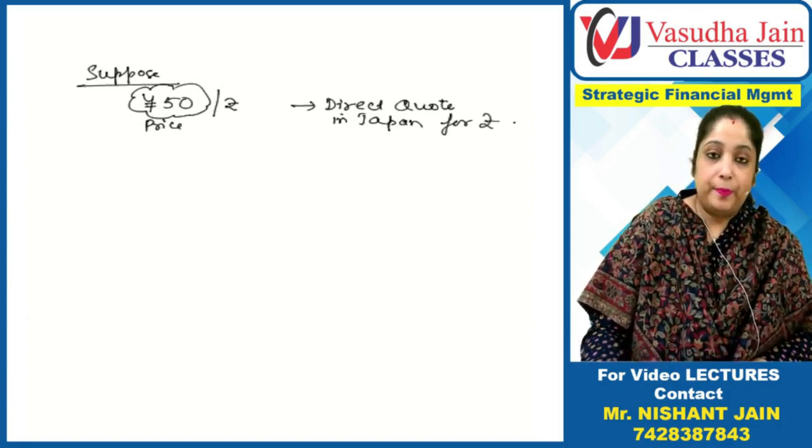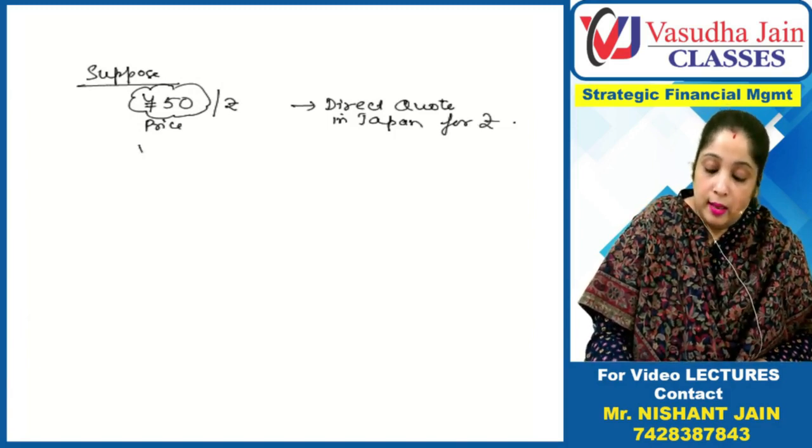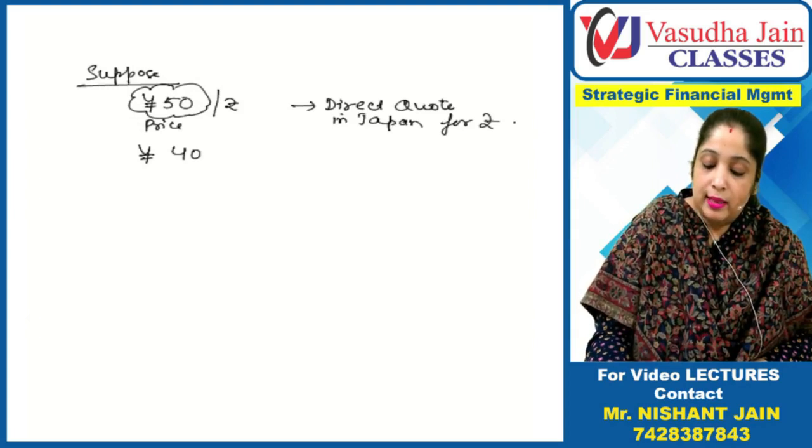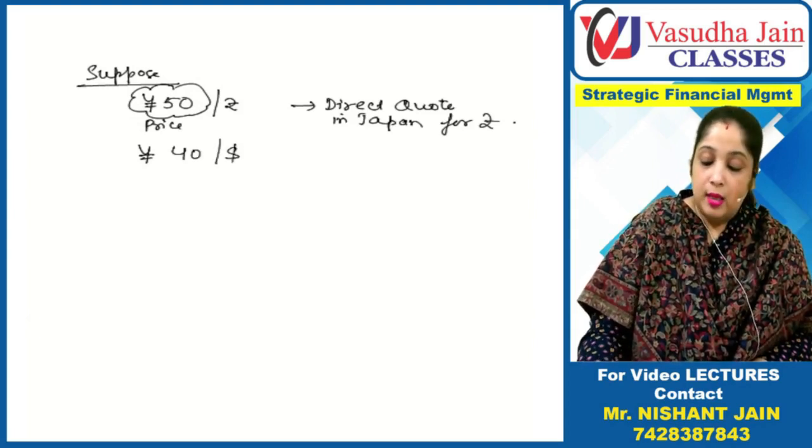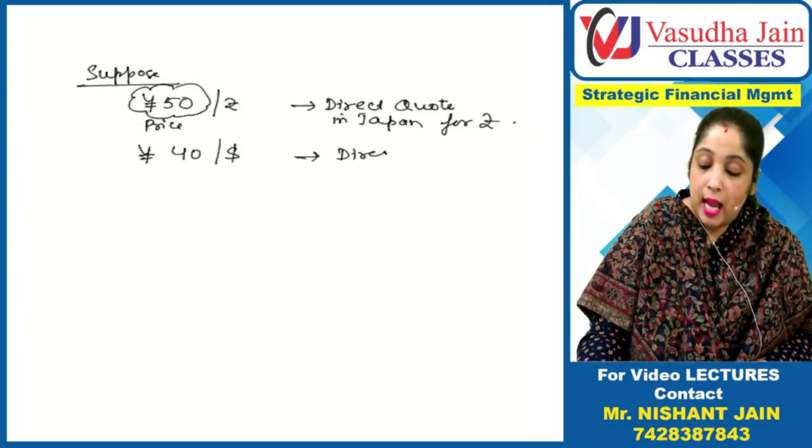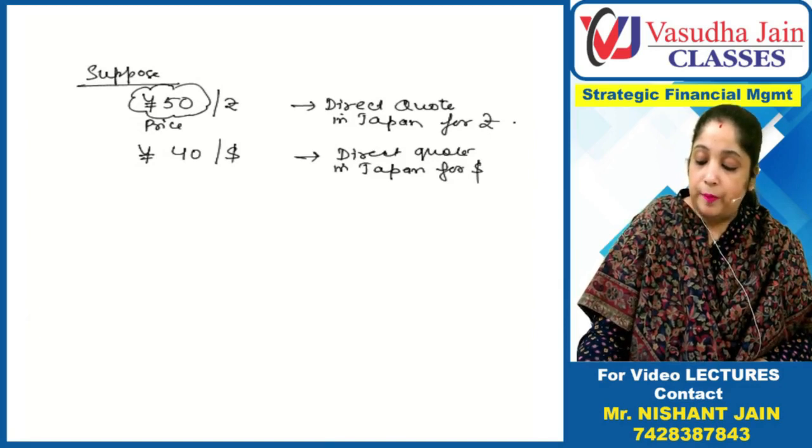Okay, good. If I write like this, yen 40, let us say, per dollar, then this is again a direct quote in Japan for dollar.